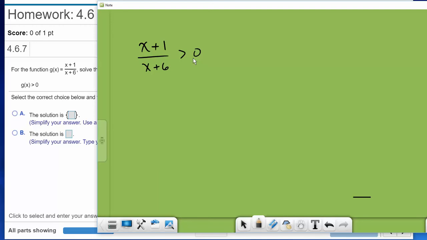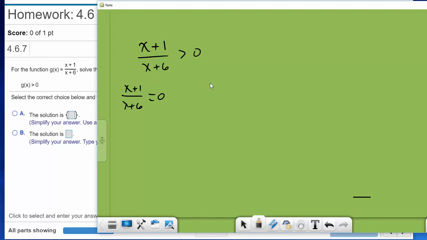Now for this one, there are two types of critical values we're going to look for. Where the function is equal to 0, and then the other one.